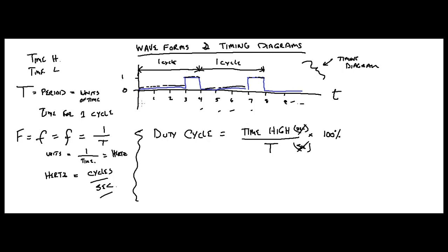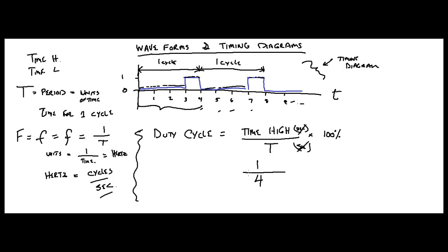But if you look up here at this right here, you notice that there's 4 units of time for each cycle. In one cycle, it's high, isn't it? So if it's high for one cycle, in the period it takes 4, I'm sorry, I shouldn't use the term cycle, that's a wrong term.